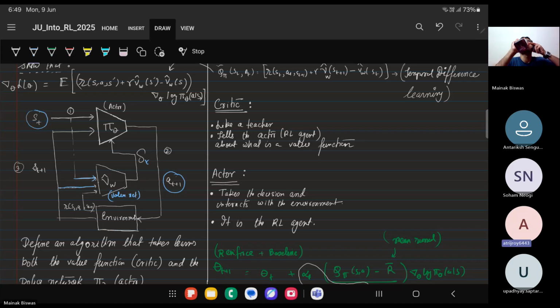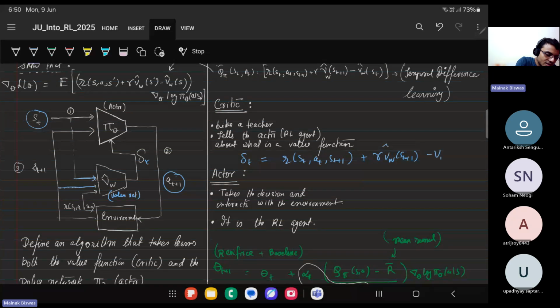From S_t, the arrow connecting to V_w: you said it is coming through the cycle to V_w, then directly we are also using it to V_w. Correct, because you remember delta_t depends on what? Delta_t depends on R of S_t, A_t, S_{t+1}. The delta_t is a temporal difference: R plus gamma V_w of S_{t+1} minus V_w of S_t.